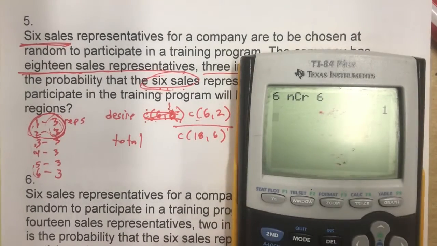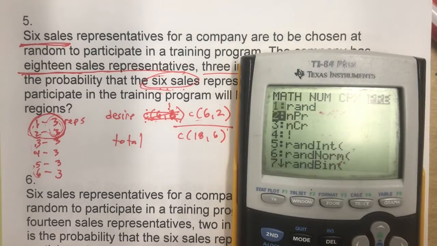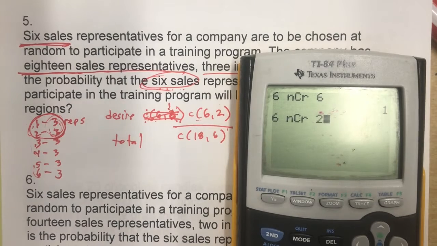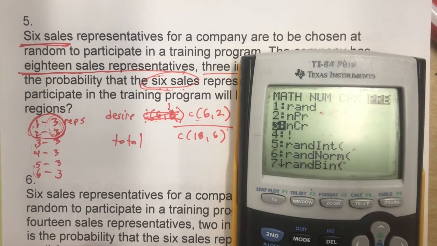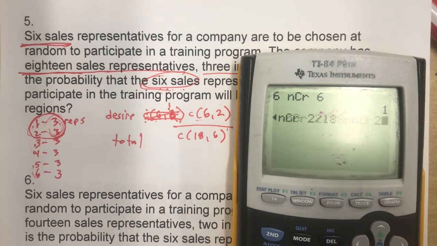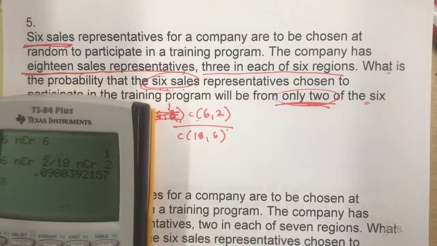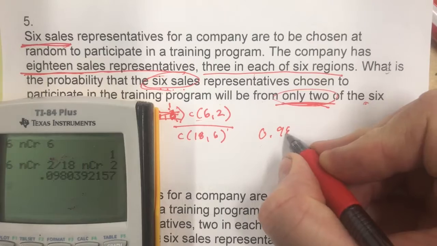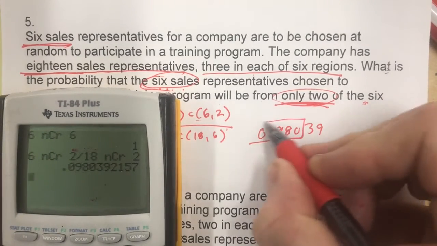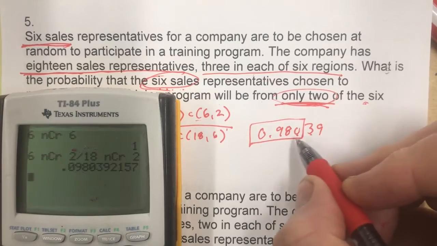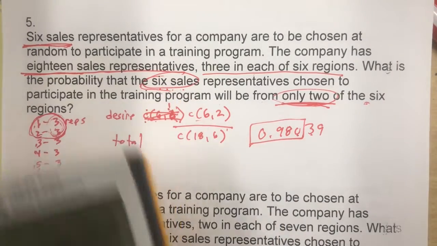So if I punch this in, 6 choosing 2, divide by 18 choosing 2. And it comes up to be this right here, 0.98039. And if I keep 3 places, the 3 makes the 0 stay. So 0.980.